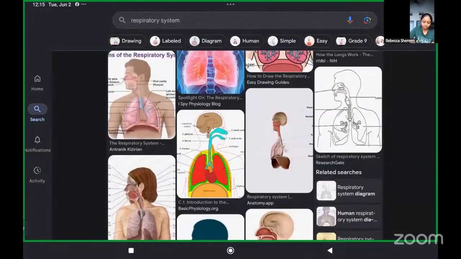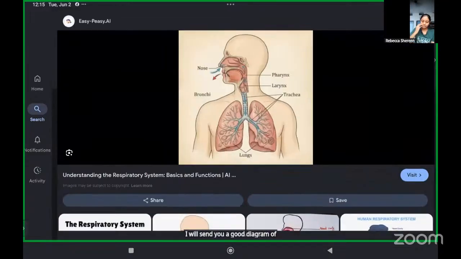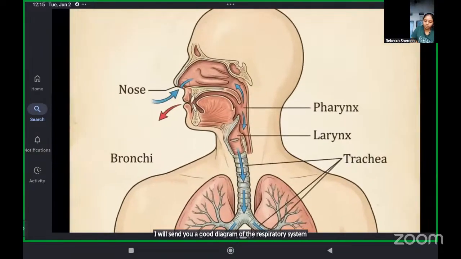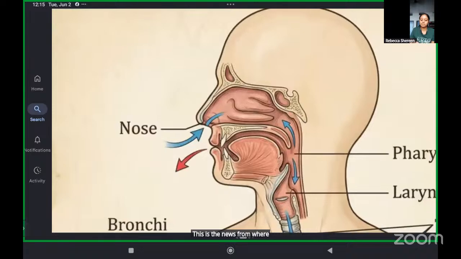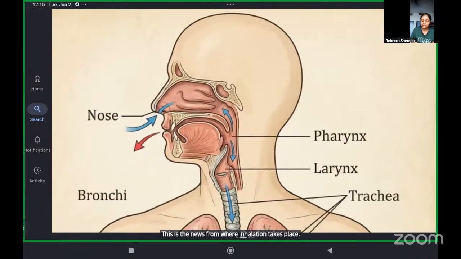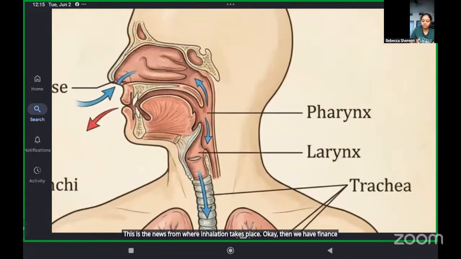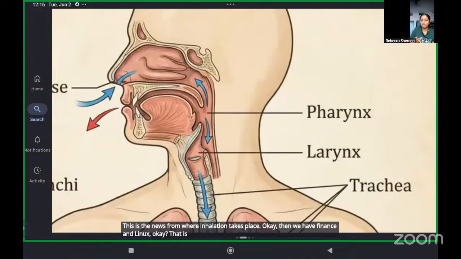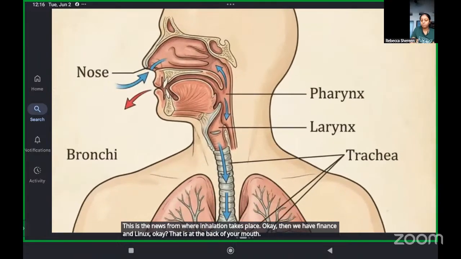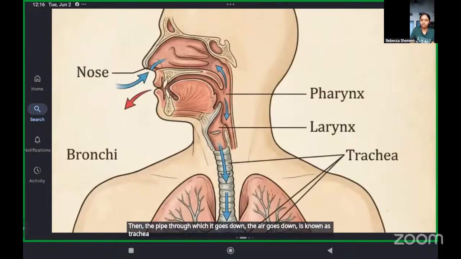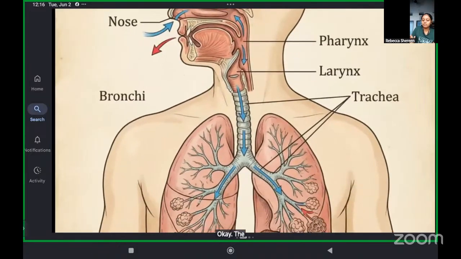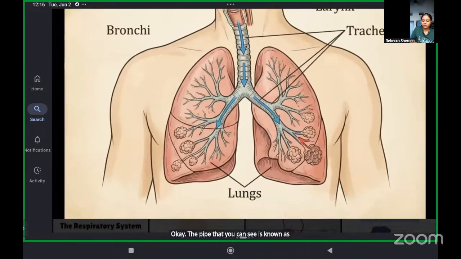I will send you a good diagram of the respiratory system. This is the nose, from where inhalation takes place. Then we have the pharynx and larynx, at the back of your mouth. Then the pipe through which the air goes down is known as the trachea.